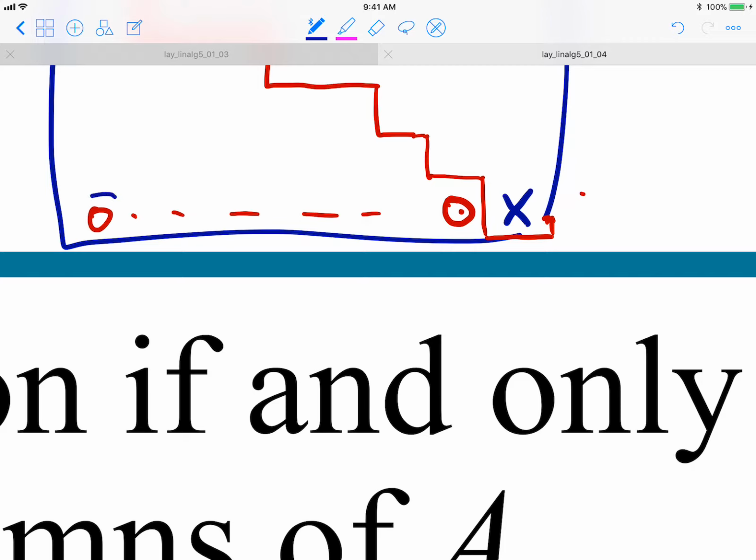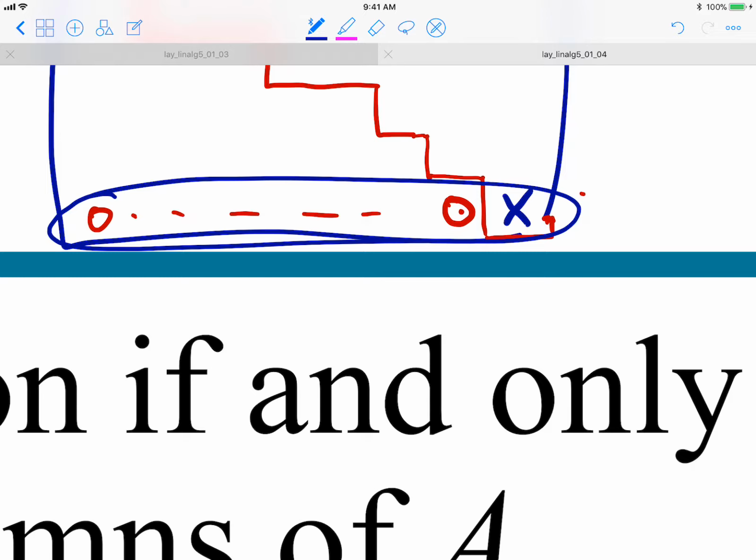This last row corresponds to 0 times x1 through 0 times xn equals some non-zero value like 3. So in this case, we have no way to satisfy this, right? This is when we have no solution at all.